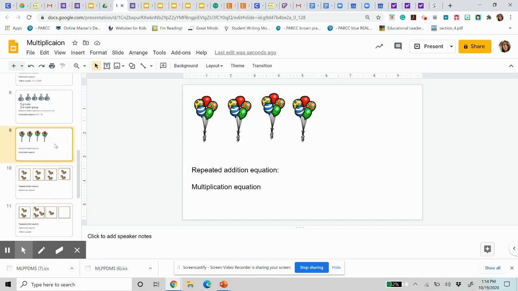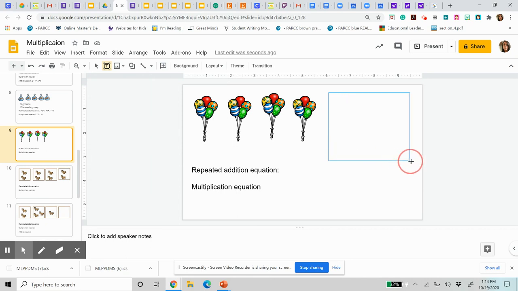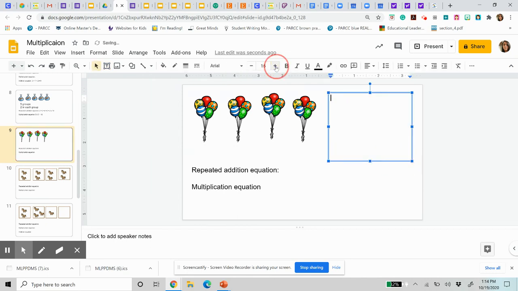Okay. Let's look at our balloons. Okay, so this would be a group, this would be a group, this would be a group, this would be a group. So let's again put this over here. Okay, we have 1, 2, 3, 4 groups.